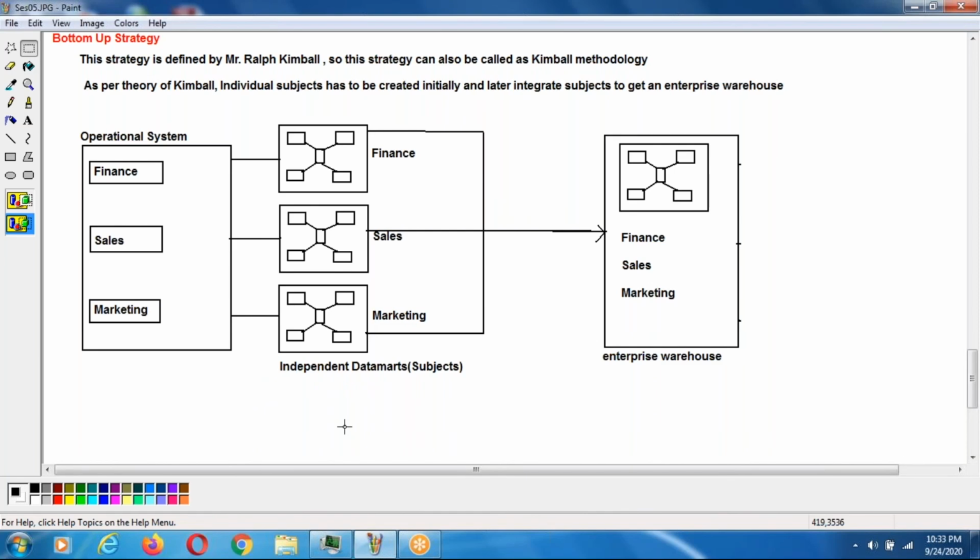In the work environment, whichever strategy you follow, in most cases you'll follow the bottom-up strategy. Almost all the projects will be in the form of the bottom-up strategy only. So these are the data warehouse strategies.